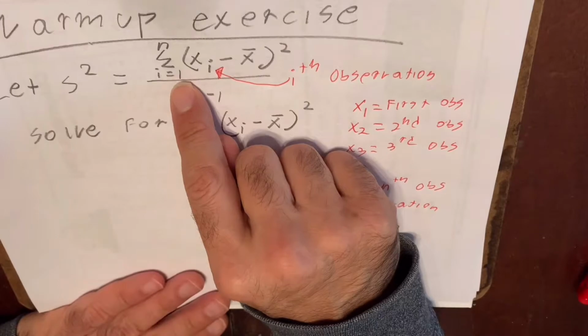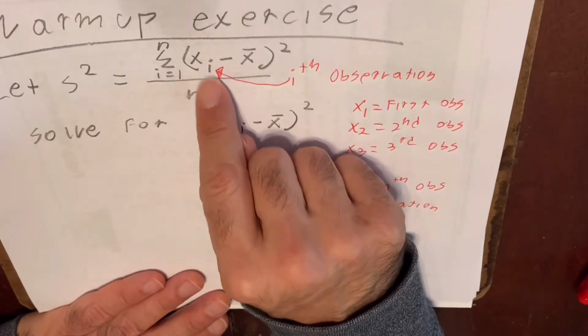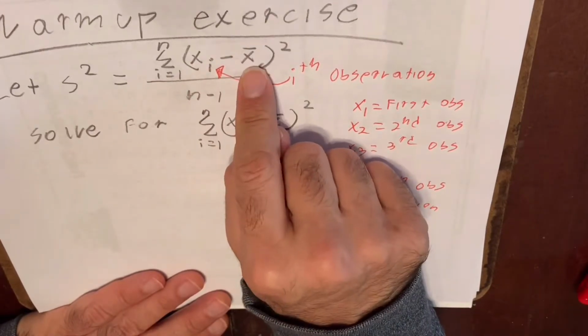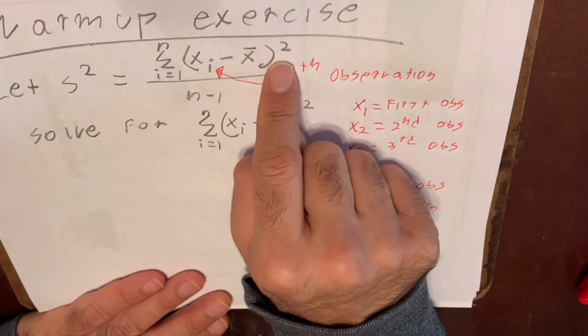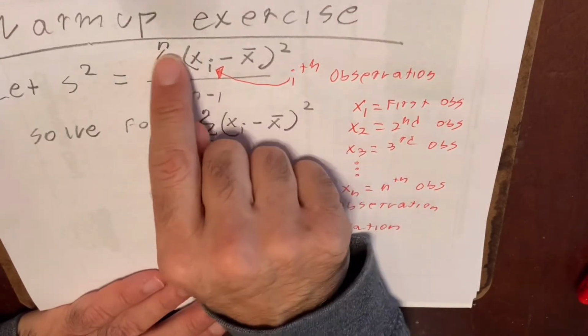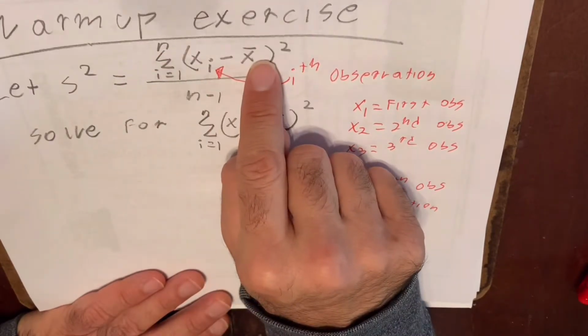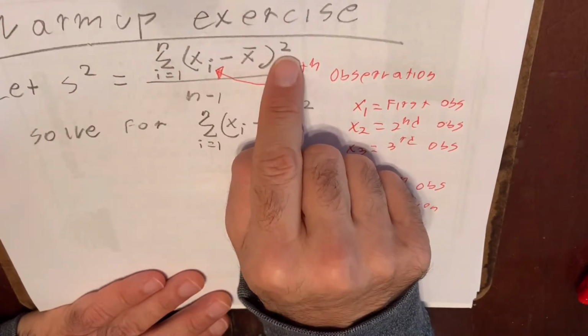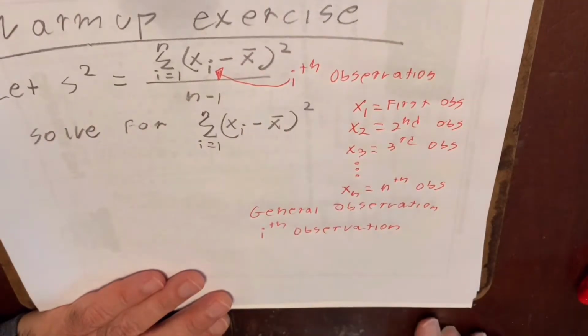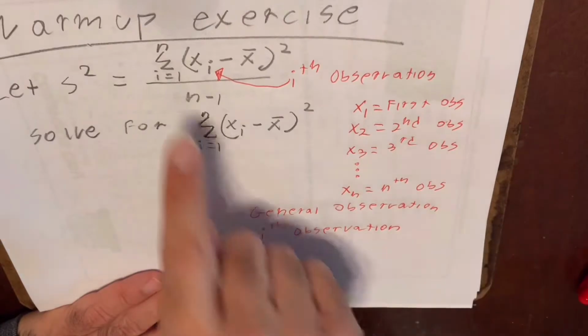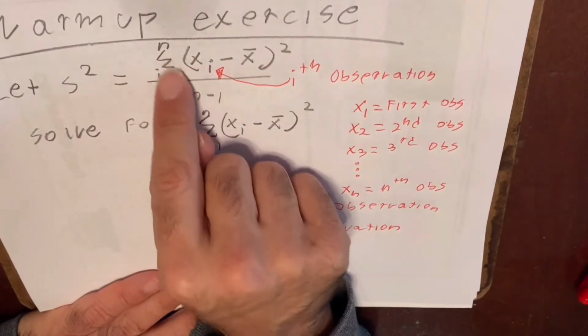I equals 3: take the third observation, subtract the mean, square it, save it in a memory location. Do this all the way until you get the last observation, and then you add up all those terms that were saved in the memory location. And this is the sum.